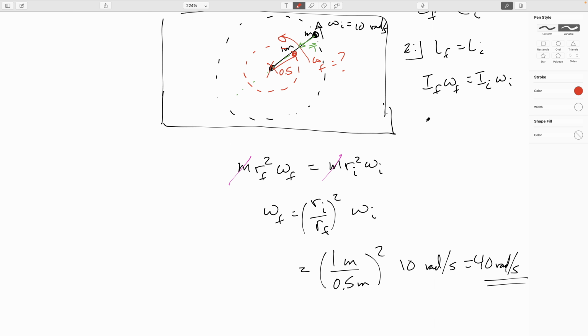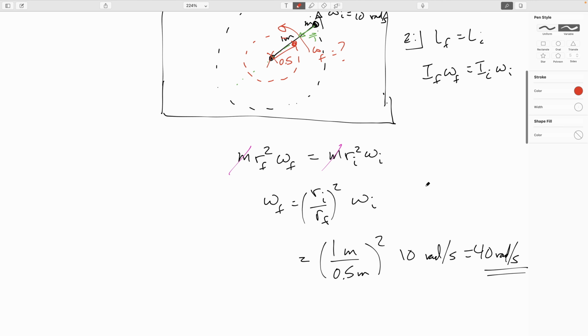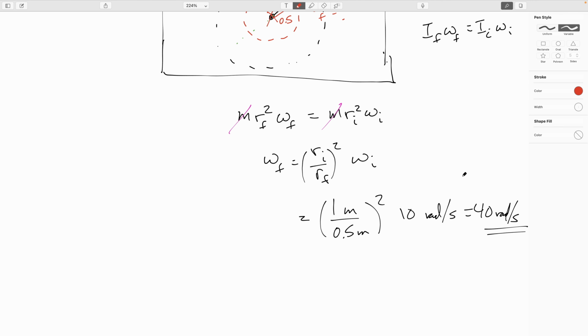Now, a quick moment's reflection should maybe lead you to be just a little bit concerned. Let's think about the rotational kinetic energy before and after. K rot initial will be 1/2 I initial omega initial squared, and K rotational final will be 1/2 I final omega final squared.